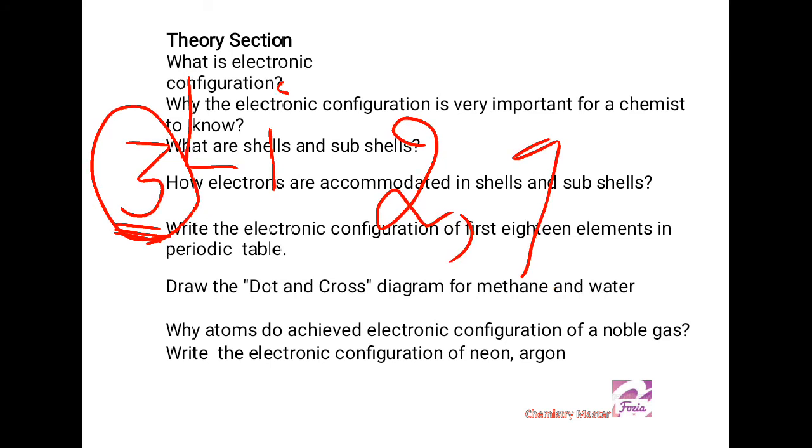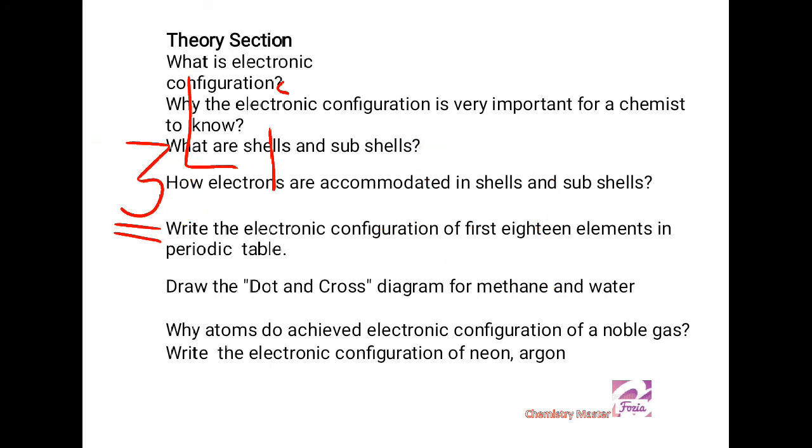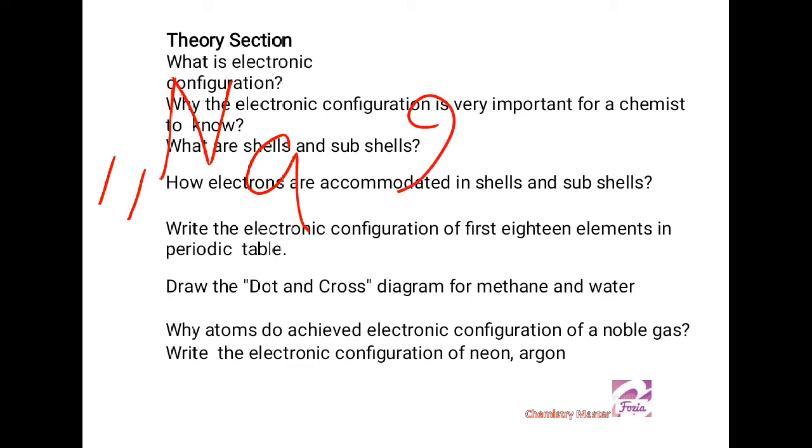Similarly, if I am going to write the configuration of sodium. Sodium is another very important element of group 1A whose proton number is 11. So this time I have 11 electrons to arrange. As per the given pattern, I will put 2 electrons in the first shell.